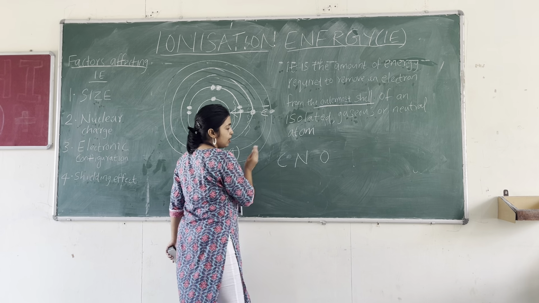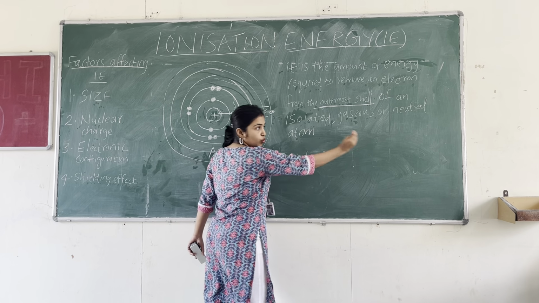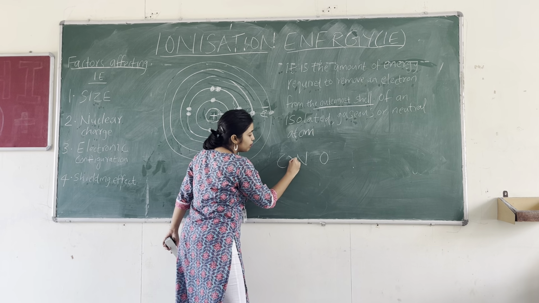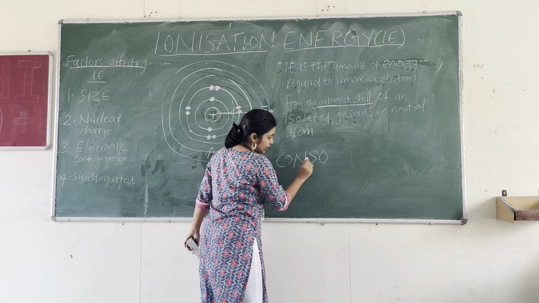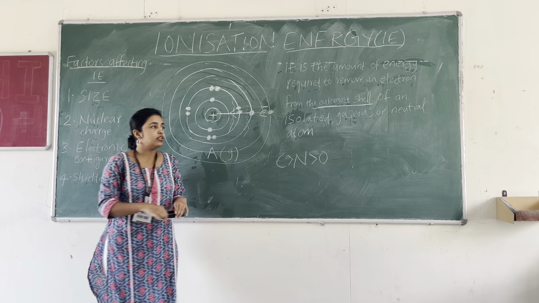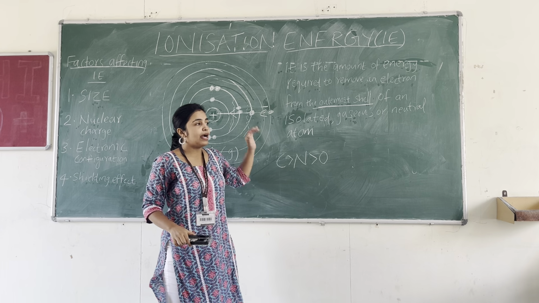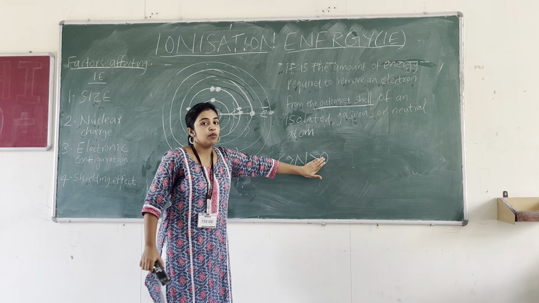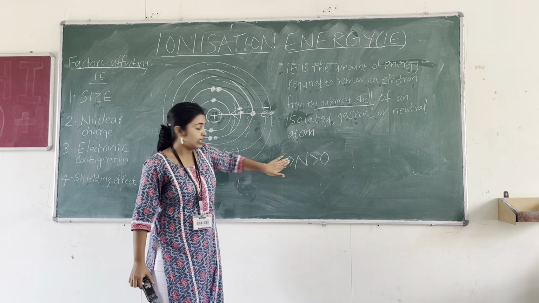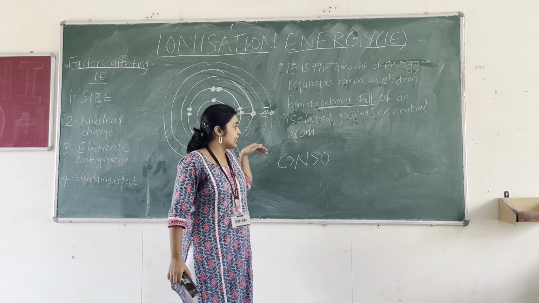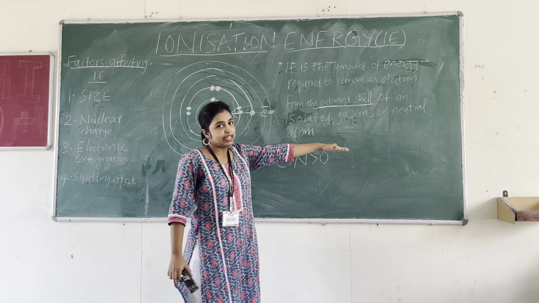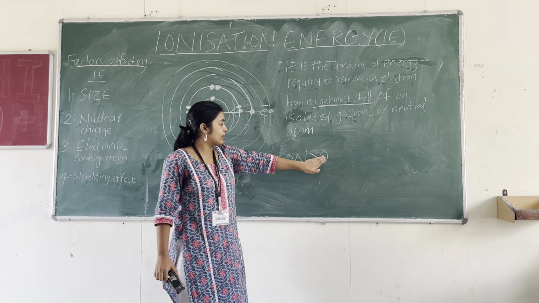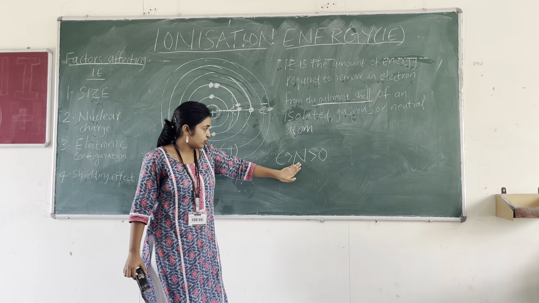Size is decreasing as we move along this period. So carbon has more size than nitrogen than oxygen. So by this IE theory, we studied that oxygen has more IE than nitrogen than carbon. As we move along the period, IE is increasing.